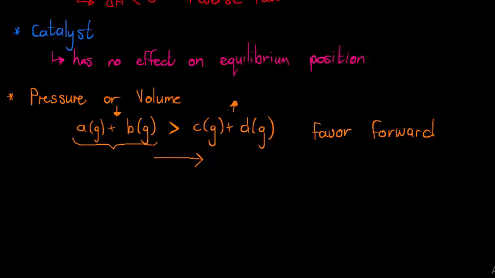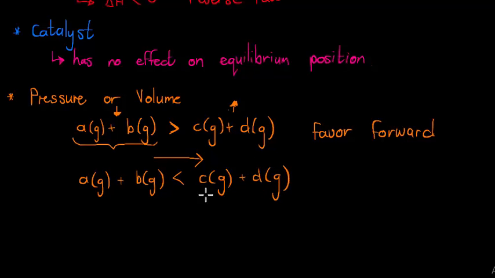Now if it was the reverse case, so in other words, if I had that my coefficients for all the gas reactants are less than the coefficients for all the gas products, then obviously the exact opposite occurs.